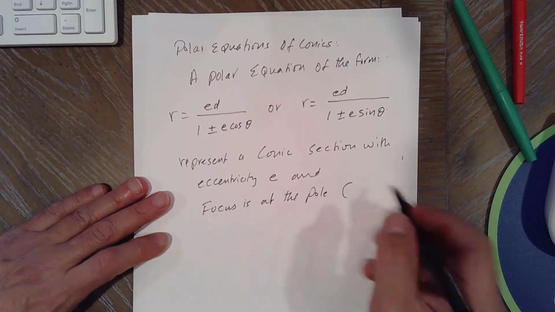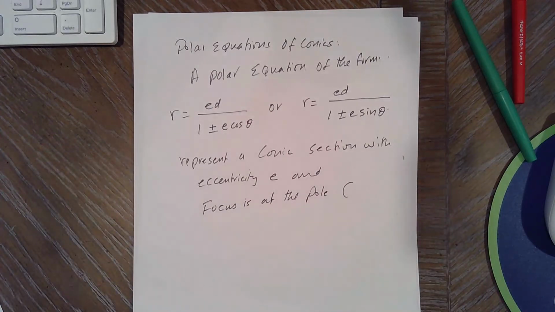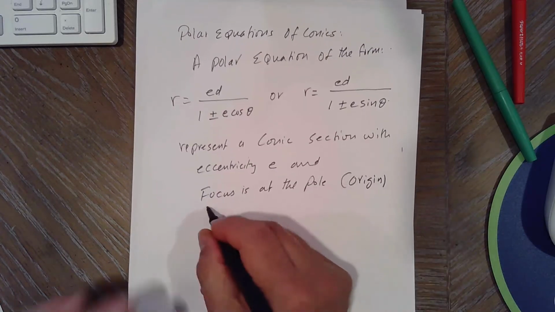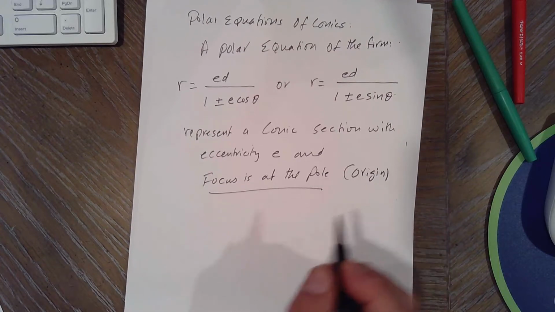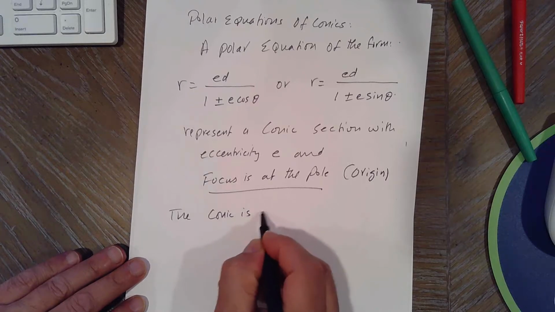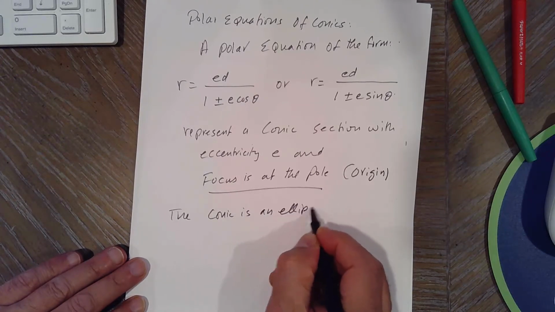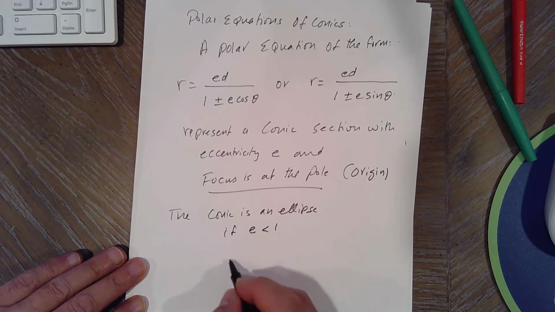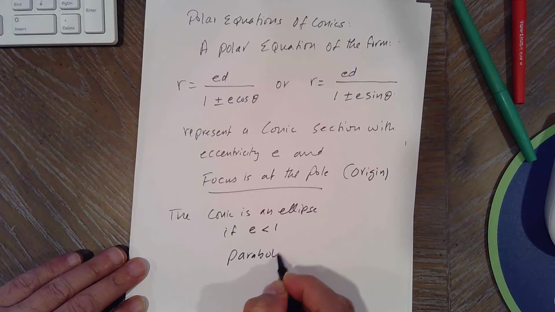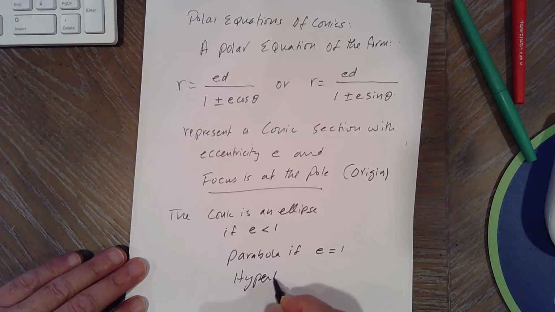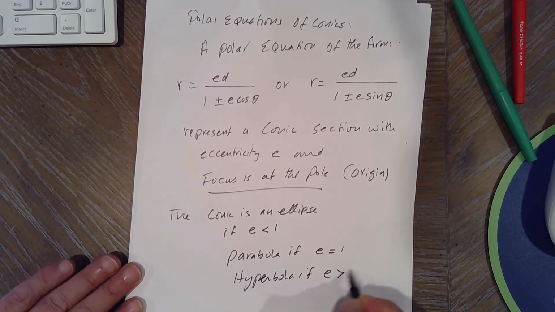So if the focus is anywhere in the plane, you just do a translation and put it at the pole, which is the origin in terms of rectangular coordinates. Okay, so if the focus is at the pole, the conic is an ellipse if E is less than 1, a parabola if E is 1, just like before, and a hyperbola if E is greater than 1.